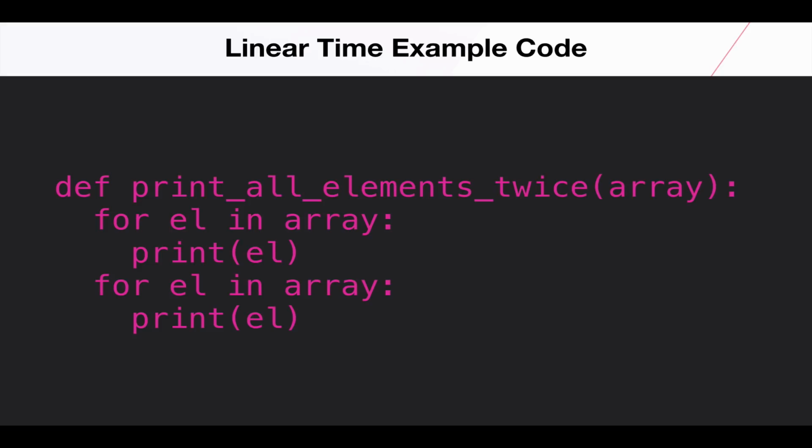So the actual runtime classification would be 2 times n, but that's still considered linear time because the 2 in this case is static. The number of things we're doing per array element does not depend on the input size. So we're always just going to be performing 2 operations or 2 actions for every single array element.